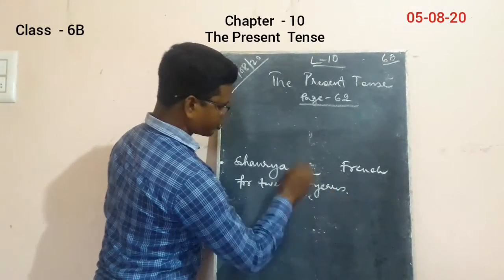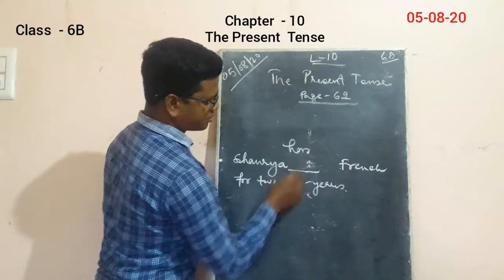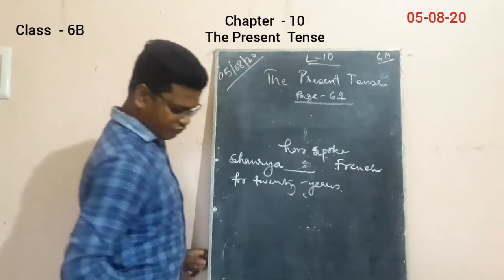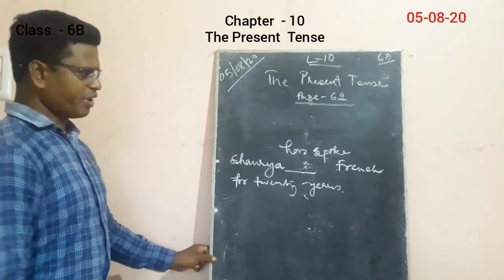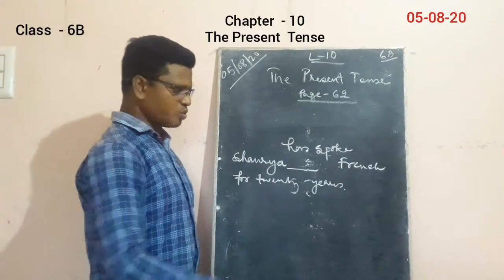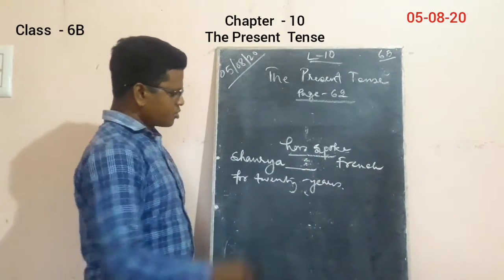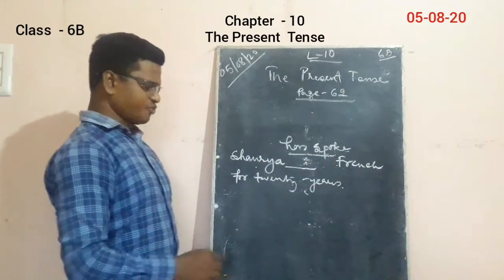So Surya has spoken. The main verb is speak, main means the root form, a root verb. So Surya has spoken French for 20 years.